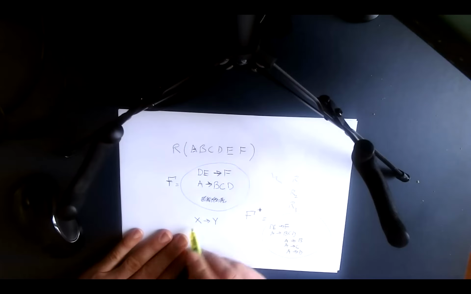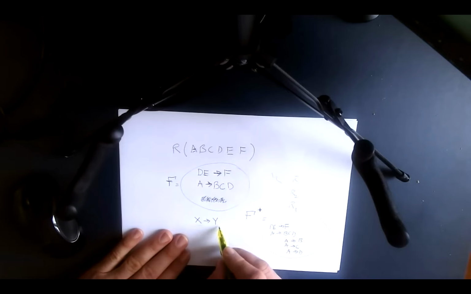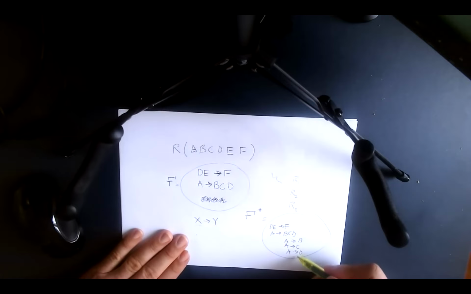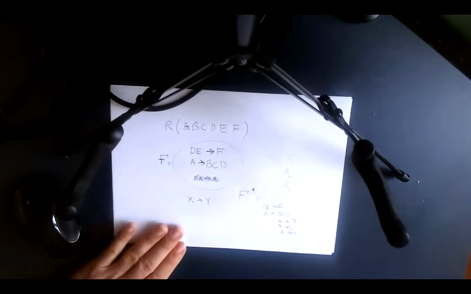So basically, if X is a set and Y is a set, then you can wind up having a whole set of functional dependencies that follow from this, where you just pluck off subsets of Y. If X goes to Y, then X also determines some subset of Y, right? That's what's expressed here. Does that make sense?